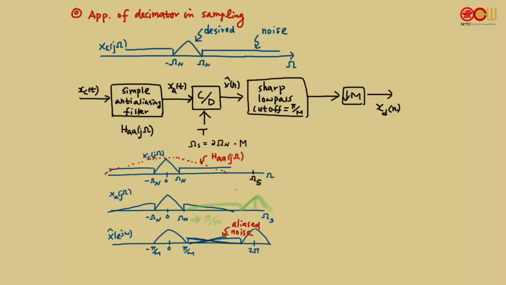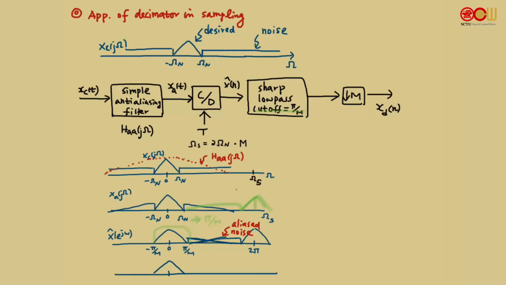Now we can apply a sharp low-pass filter in the frequency domain to filter out this part from minus π over M to π over M. That's the low-pass filter with the cutoff frequency π over M. Then what we get will be the desired signal only.